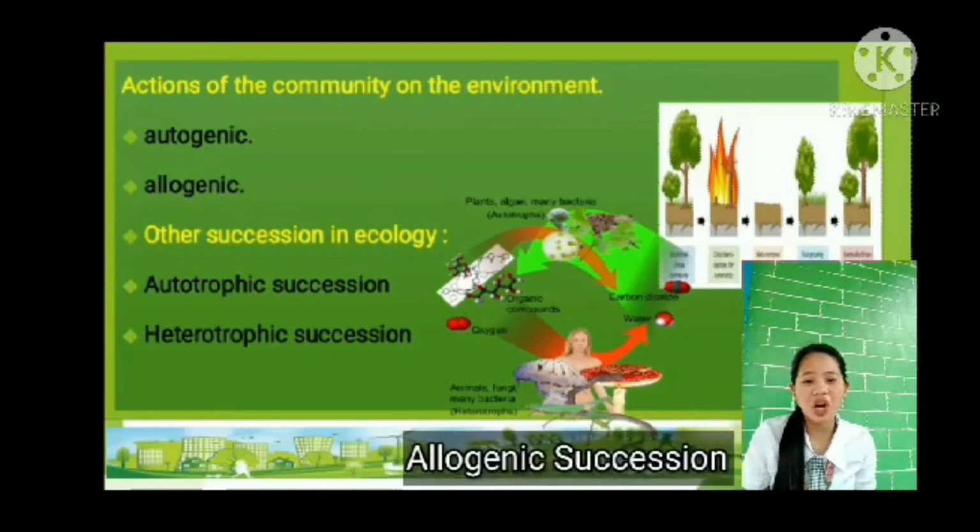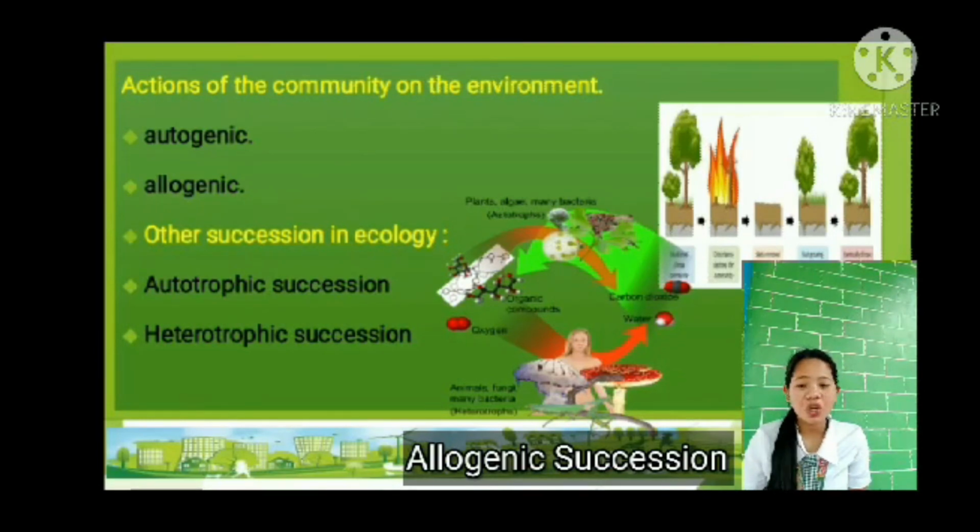Allogenic succession, on the other hand, results from factors external to the community. The principal change comes primarily from outside the community, like climate change and massive disturbance. An example of this is the succession of phytoplankton communities present in a lake.